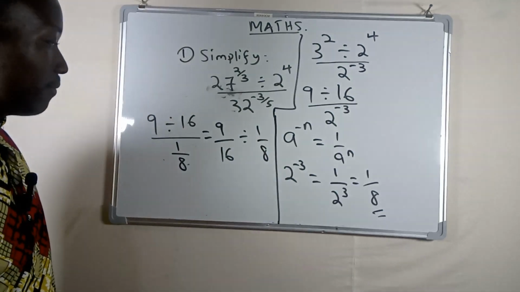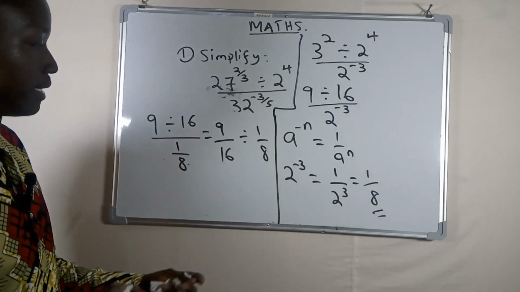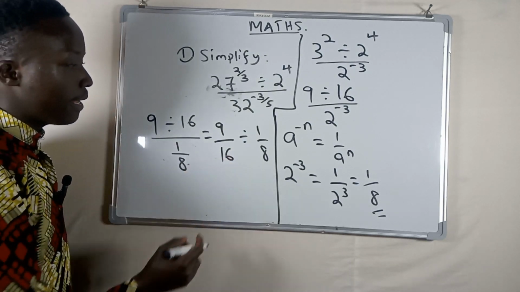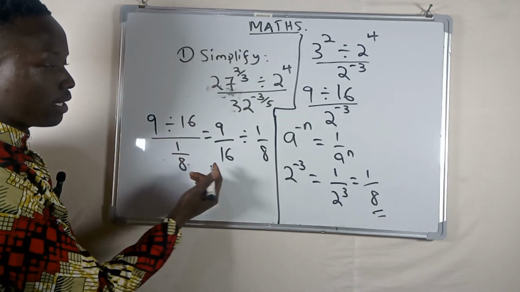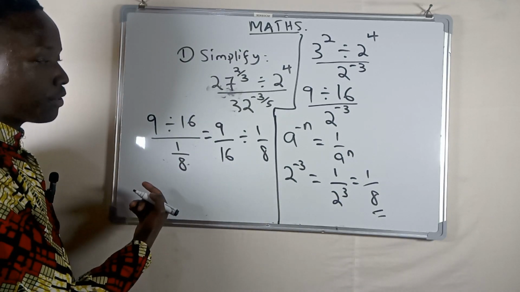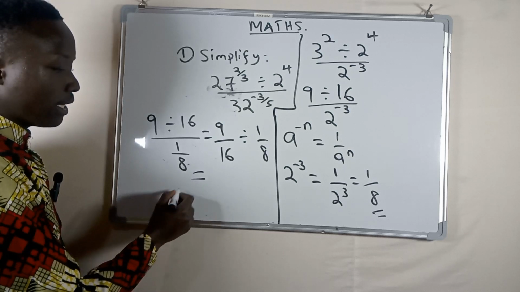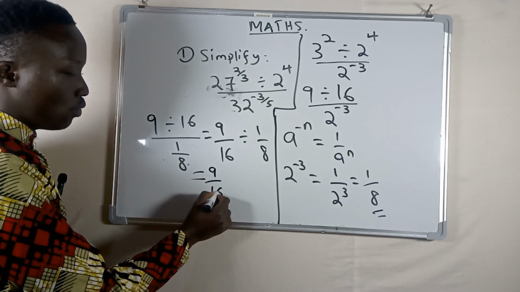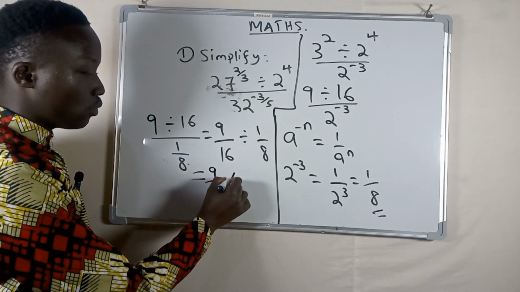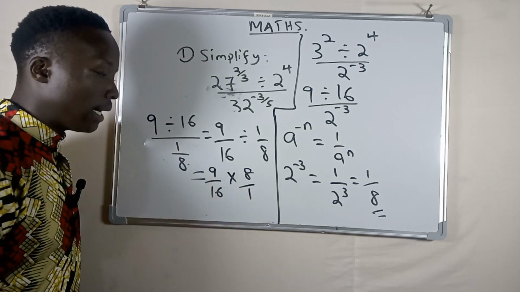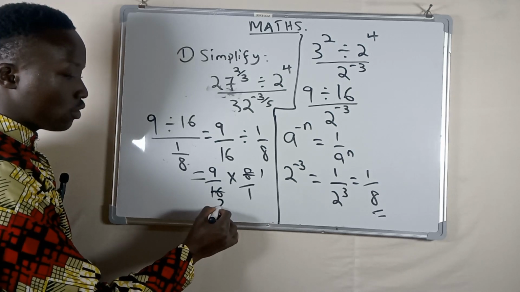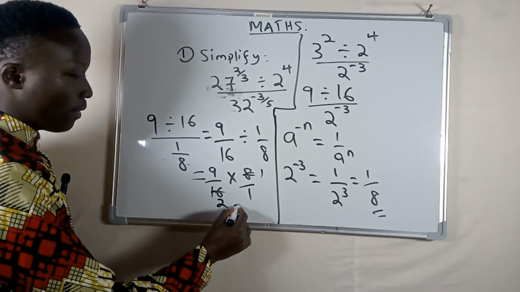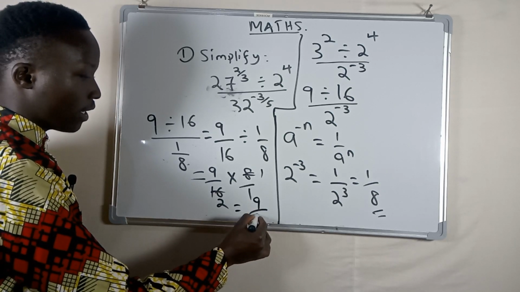Nine divided by 16 is the same as 9 over 16, then divide by 1 over 8. We can use the rule of division that states that to work this out, we need to reciprocate and have 8 over 1. So we multiply: 8 into 16 goes 2 times, 8 into 8 goes 1, and we are going to have our final answer as 9 over 2.